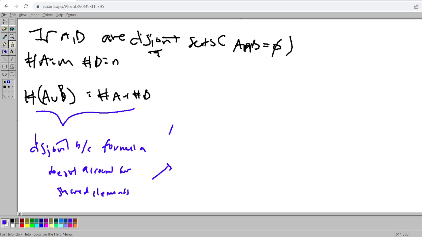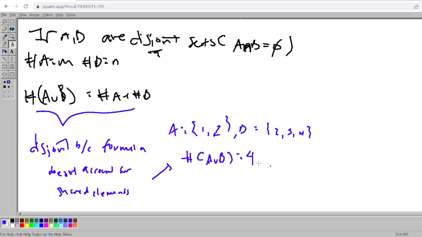Say A is equal to 1, 2, and B is equal to 2, 3, 4. The cardinality of the union would be 1, 2, 3, 4, which equals 4. But that does not equal the cardinality of A plus the cardinality of B, which is 2 plus 3. 4 doesn't equal 5. You're welcome.